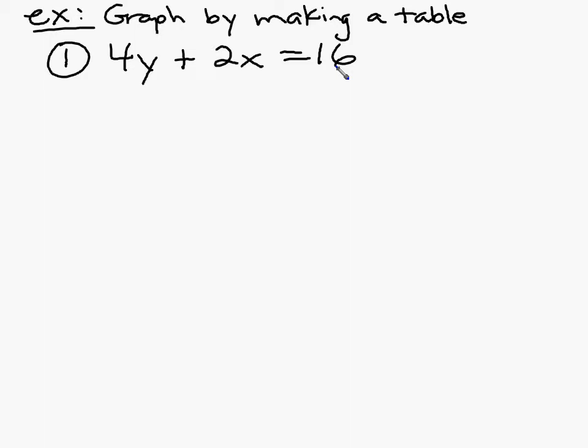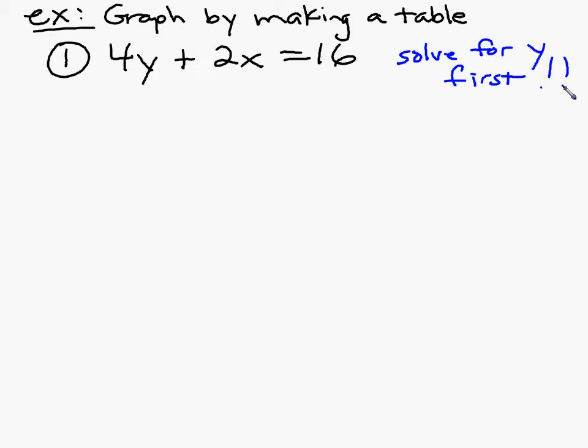Well, before I can even start making the table or plugging in points, what we need to do is solve for y first. Put that in your notes. We need to solve this equation for y using algebra steps. We know how to do this. It's still going to be an equation, but it's going to be in a little bit different form.